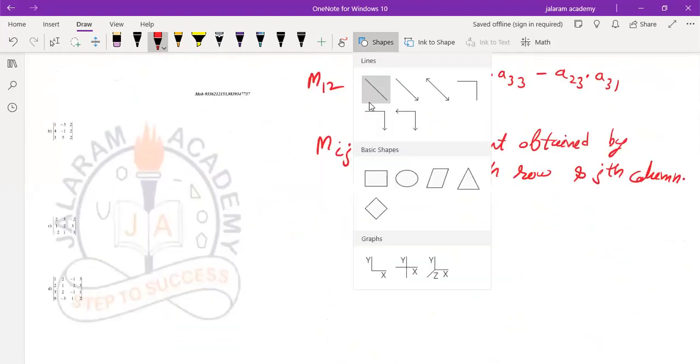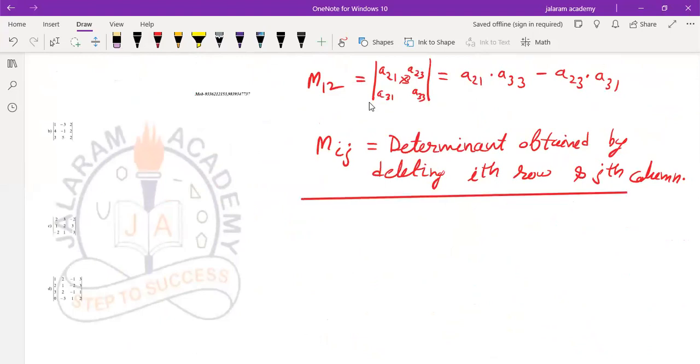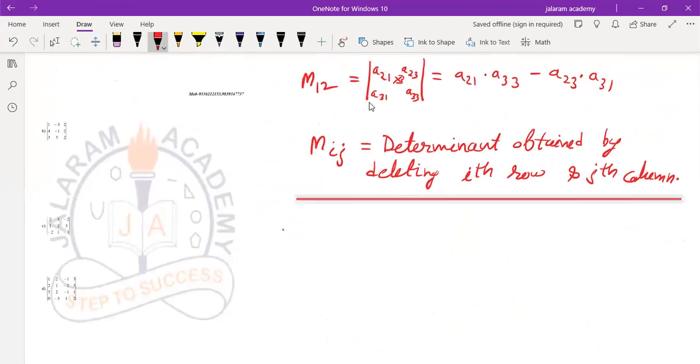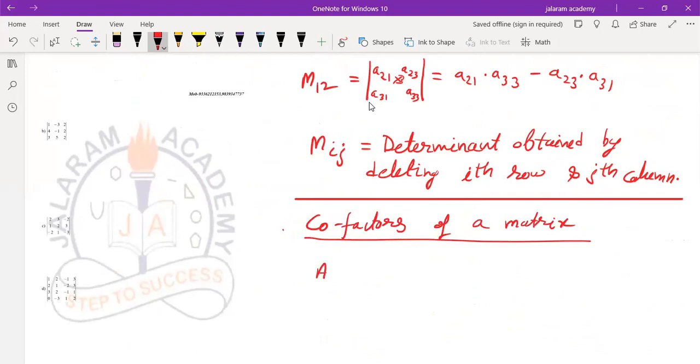So we will move to the next important property of determinants. It is cofactors of a matrix. They are denoted by A11, A12, etc. So if we generalize this directly, Mij means minor of ith row, jth column.